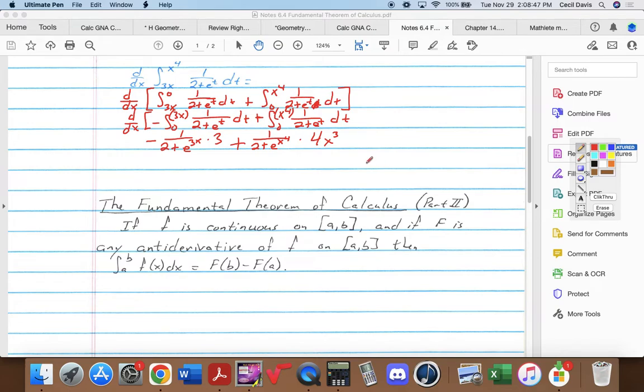I'm going to multiply these together so that it's a single fraction, and write the positive one first. This will be 4x cubed over 2 plus e to the x to the fourth minus 3 over 2 plus e to the 3x.